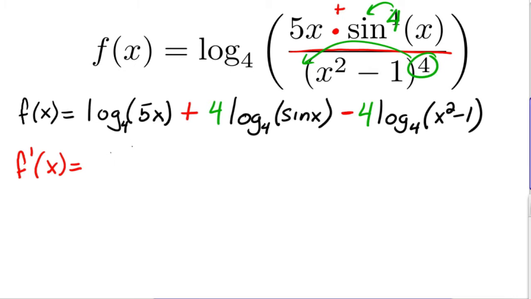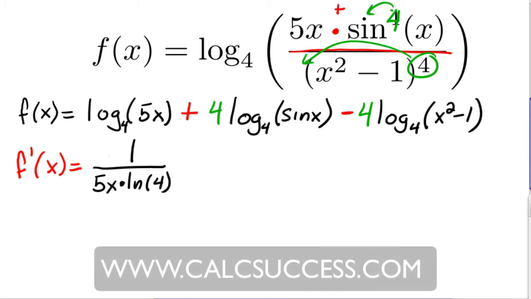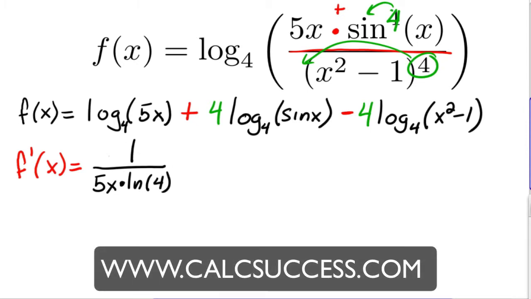So each one of these logs, when we get the derivative of it, we're just going to do 1 over the inside, which is 5x in this case, and then remember times natural log of the base, which is 4. So here, then we multiply times the derivative of the inside, which is going to be 5. And notice you can cancel these out if you want.